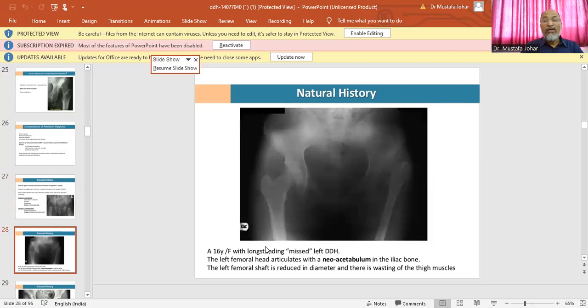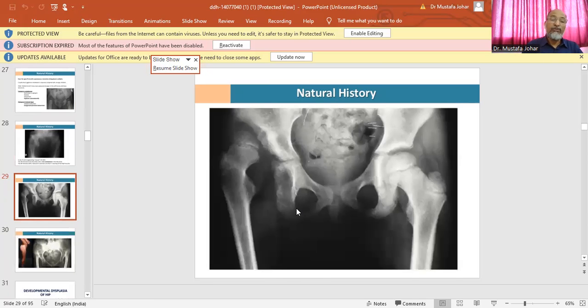Then by the age of 16, in this female with long-standing missed left DDH, you can see how the pseudoacetabulum is forming on the left side, and there is an adduction contracture. The left femoral head articulates with the new acetabulum or pseudoacetabulum within the iliac bone, that is, the ala or blade of the ilium, and the left femoral head and shaft are reduced in diameter, that is smaller in size, and there is always a wasting of the thigh muscle because of this particular problem.